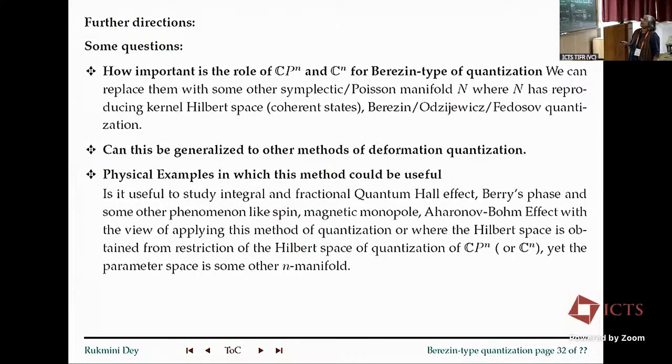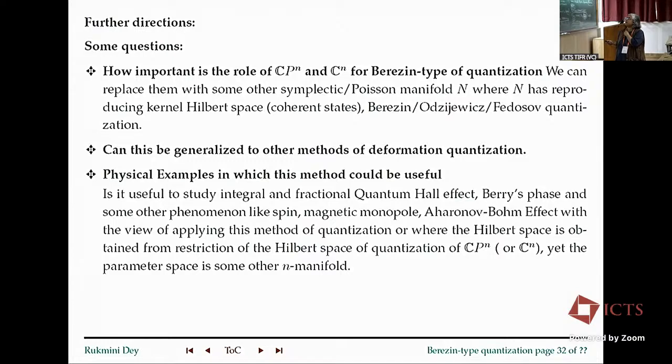And in physical examples, is this method useful? You know, quantum Hall effect, Berry's phase, geometric quantization plays a huge role in these. Or in the situations when the Hilbert space is obtained from restriction of the Hilbert space of quantization of CP^N or C^N, and yet the parameter space is some other arbitrary manifold. In such situations, can it be useful?